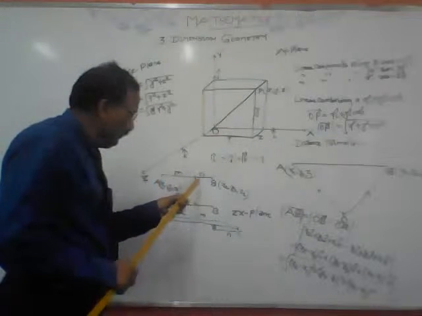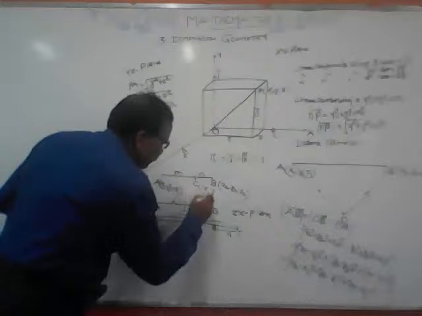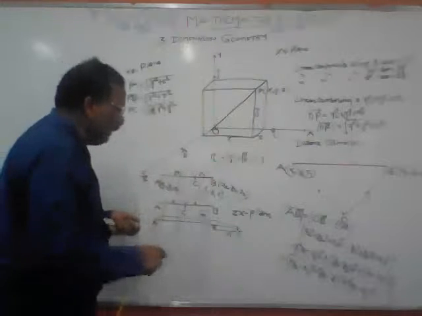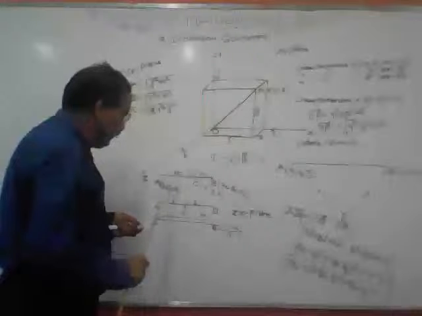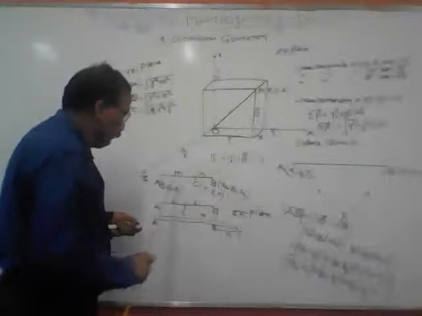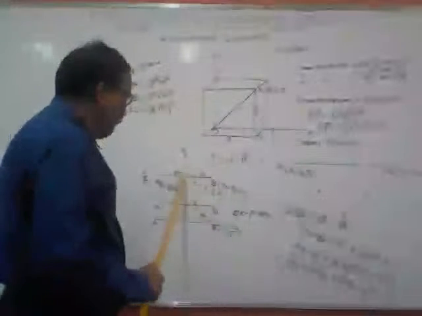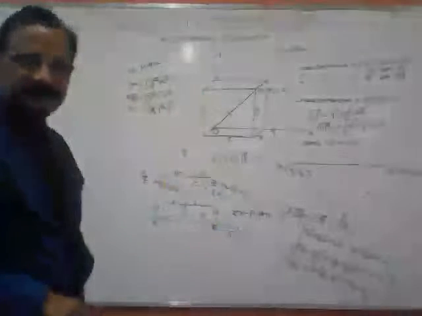Internal section: if we want to find the coordinates x, y, z, it will be (mx2 plus nx1) upon (m plus n), (my2 plus ny1) upon (m plus n), and (mz2 plus nz1) upon (m plus n).